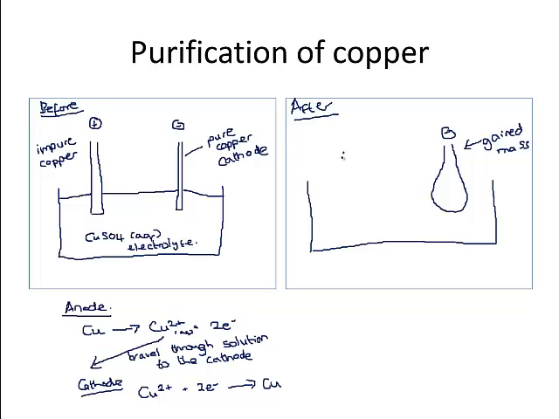And our anode should have got smaller. And any impurities that have come off once the copper has been travelling through the solution will be left on the bottom here, and we call this anode sludge.